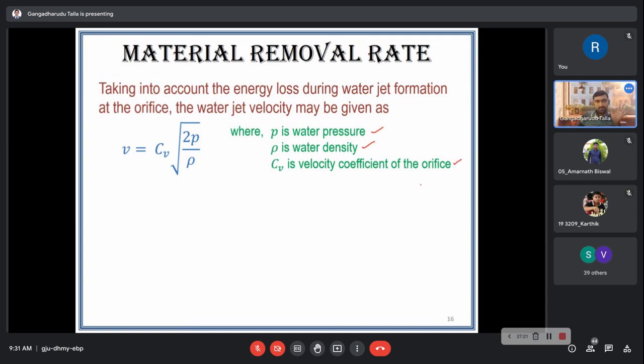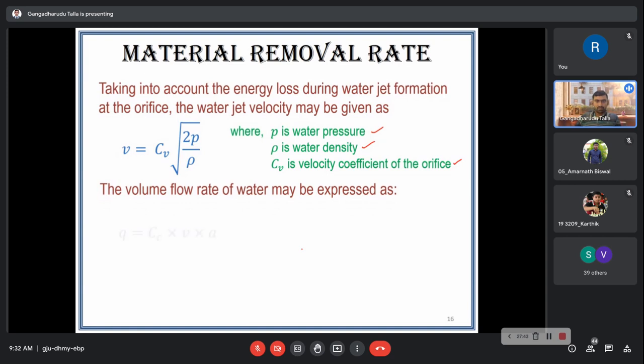So we have seen V is equal to square root of 2p by rho. Earlier we have seen that pressure energy is converted to kinetic energy. Now this extra coefficient C_v is coming because some velocity is lost within the orifice itself.